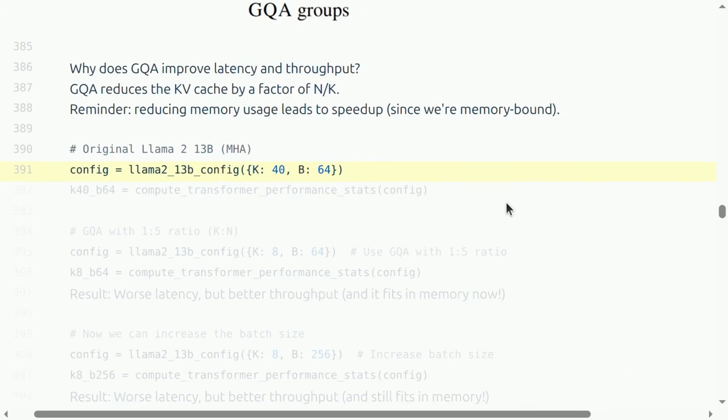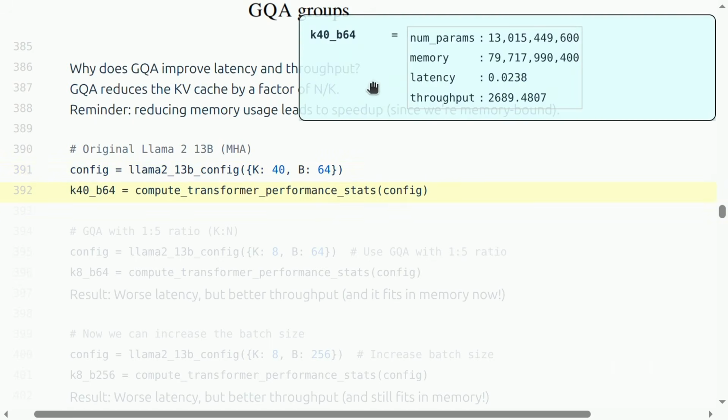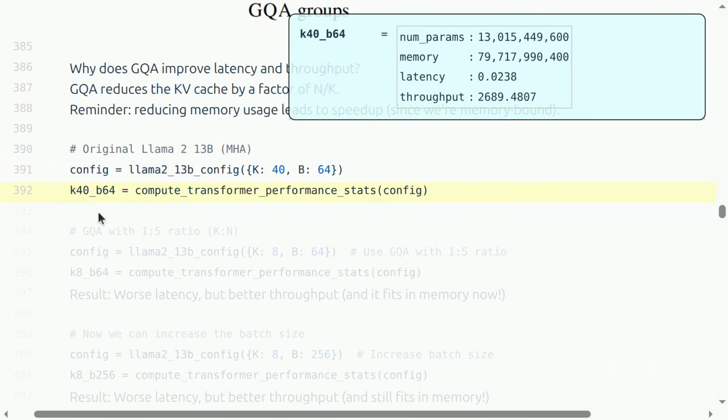So let's revisit our friendly Llama model here. Remember, in the initial configuration, we're just using K equals n, so there's multi-headed attention, no reduction in the number of keys and values. And so for this one, remember using a batch size of 64, we get this throughput and latency.